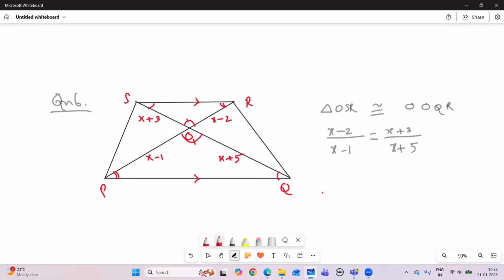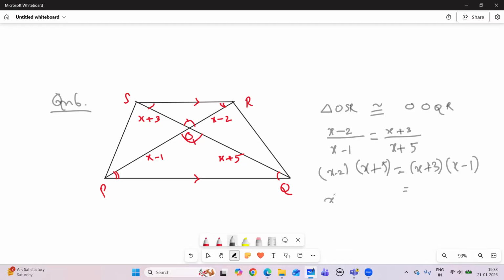Now you do cross multiplication. You have x minus 2 into x plus 5 is equal to x plus 3 into x minus 1.